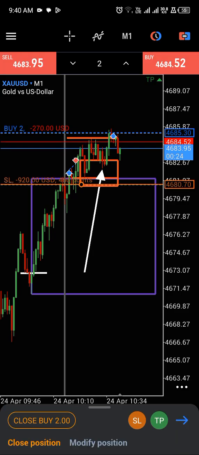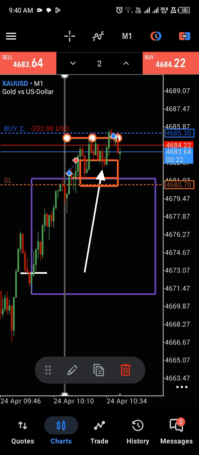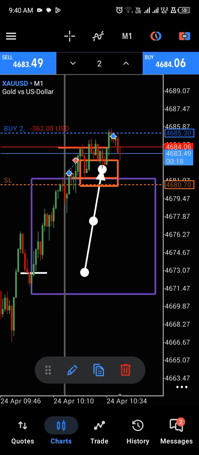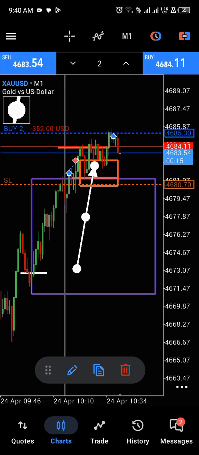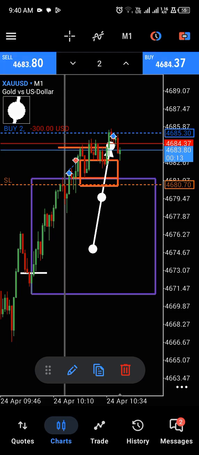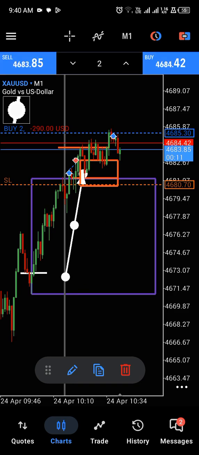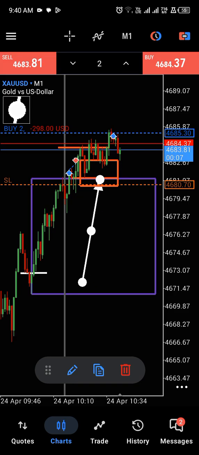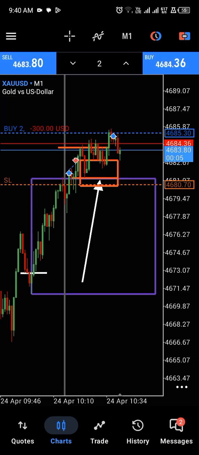It was here. We broke above the structure, left the fair value gap, came back, retested the fair value gap, closed bullish outside my rectangle. 5 minutes time frame still bullish. So the confirmations are there for me to buy. That's why I bought.